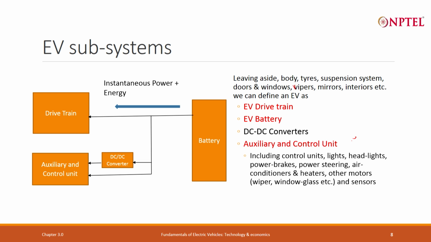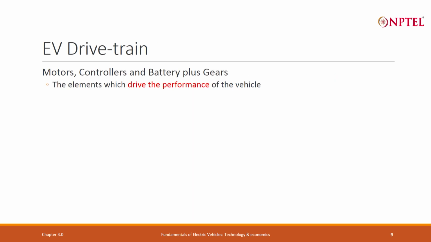The control units, as I pointed out, include the VCU, lights, headlights, power brakes, power steering, air conditioners, heaters, other motors, wipers, window glass, and a whole lot of sensors. What is the EV drivetrain?